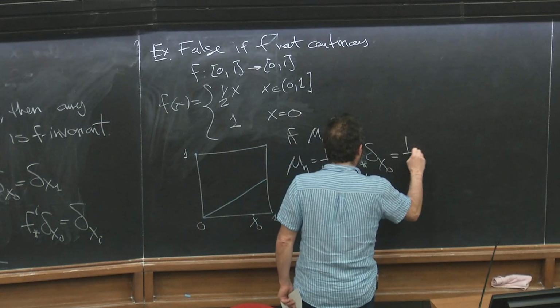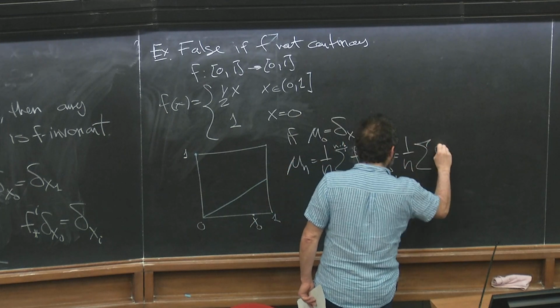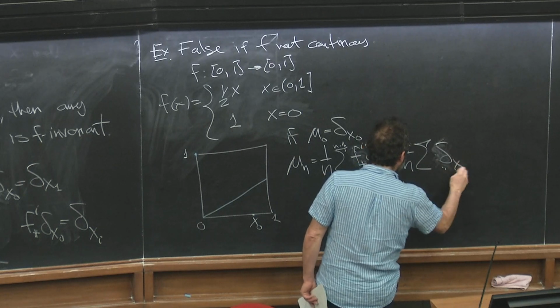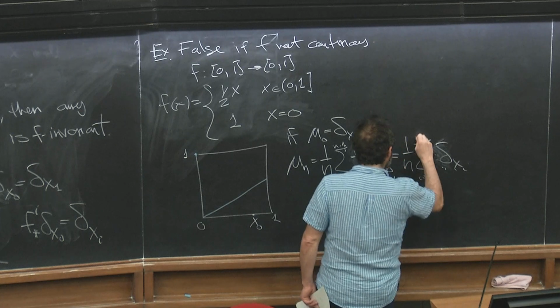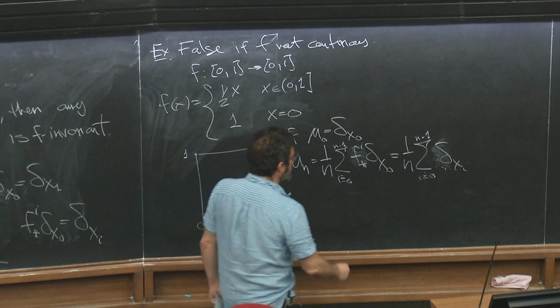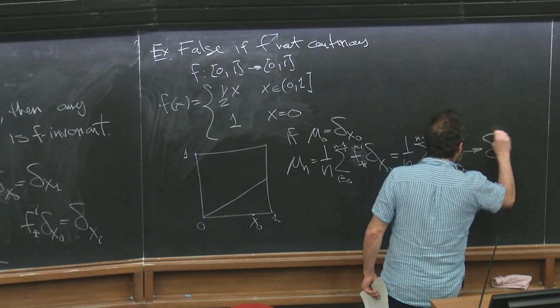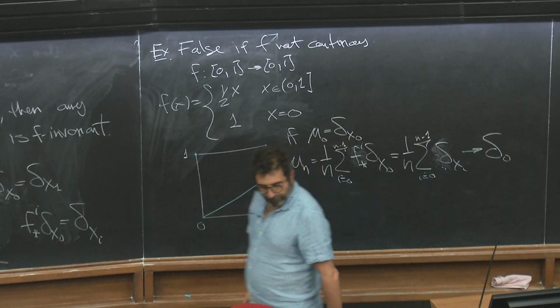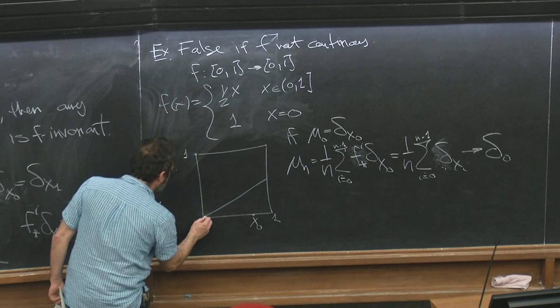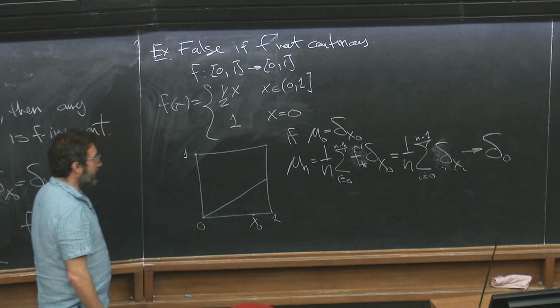This is just, as I said, 1 over n, the sum of delta xi, okay? And then this clearly converges to the Dirac delta in delta 0, because that's what it does. It obviously converges to the Dirac delta in 0.